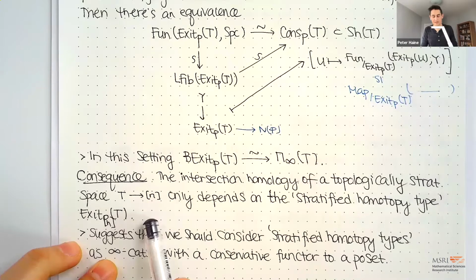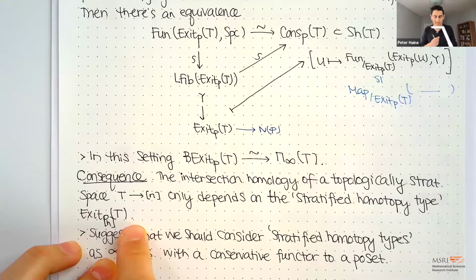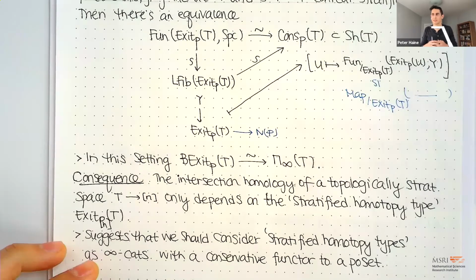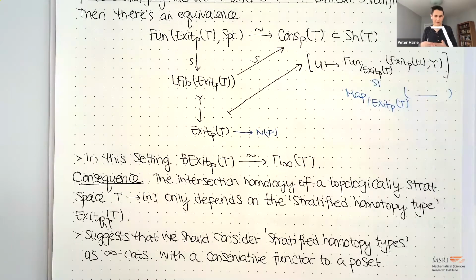Yeah, so there are various definitions of intersection homology. Usually there's this first one where you construct a complex using very fine topological things about your space.